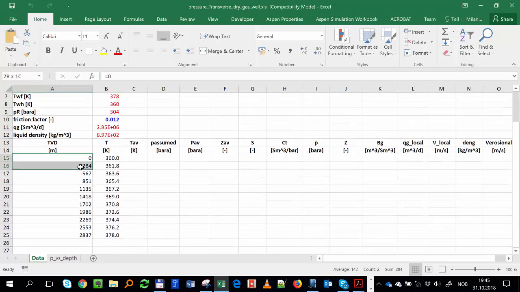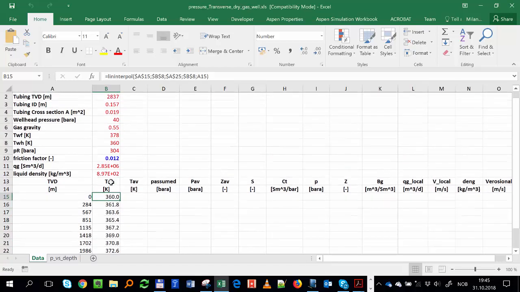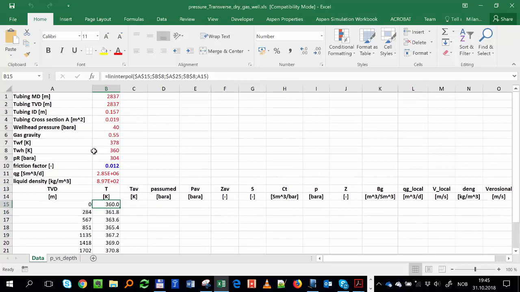And we have several positions in the tubing where we want to find the pressure. We want to calculate now not only at the outlet or inlet, we want to find it along the pipe. The temperature has been measured, or I'm making an interpolation, from reservoir to wellhead.